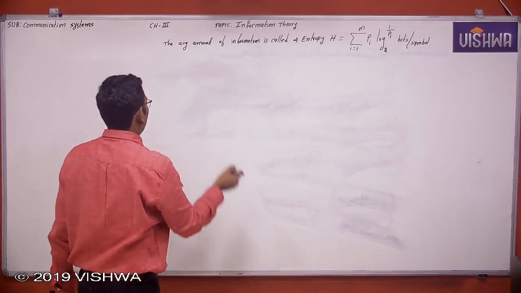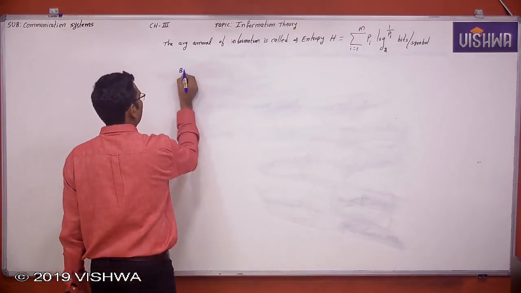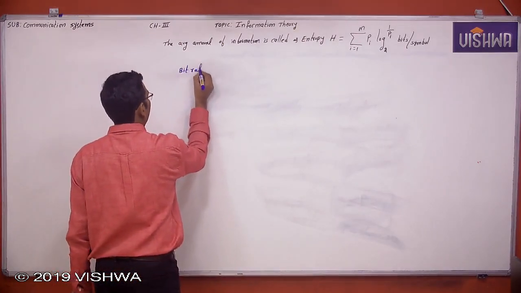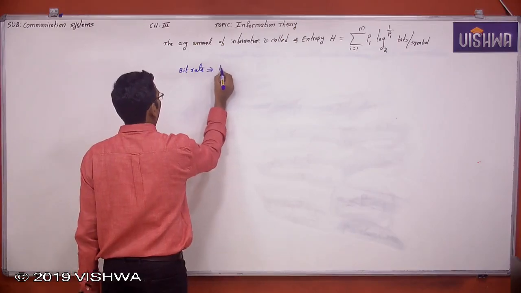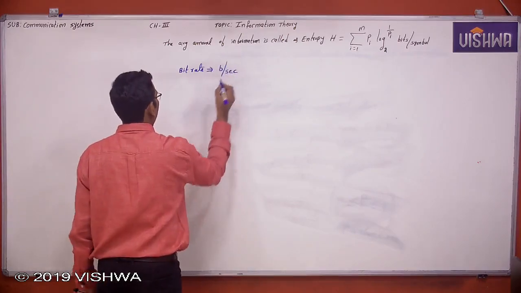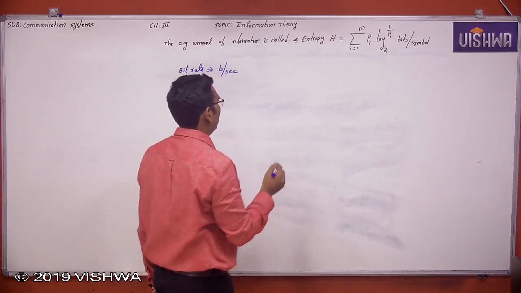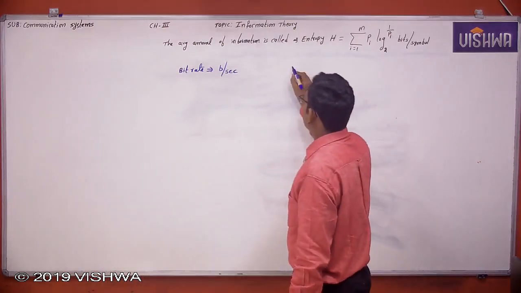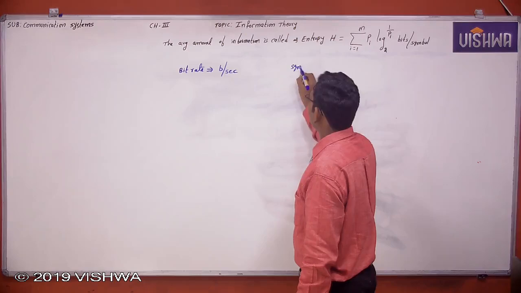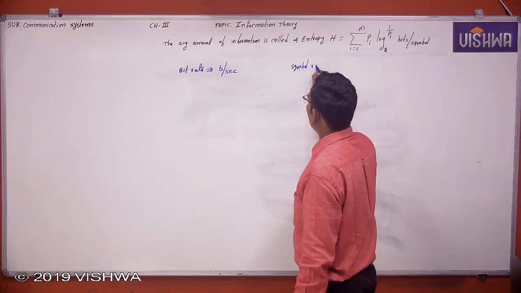Now you know that the number of bits generated per second is called the bit rate. What is bit rate? Bits per second. The number of symbols generated per second is the symbol rate.